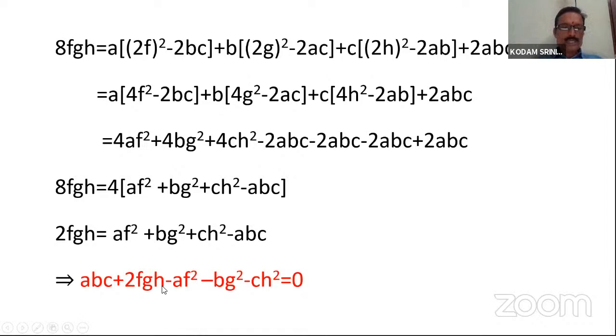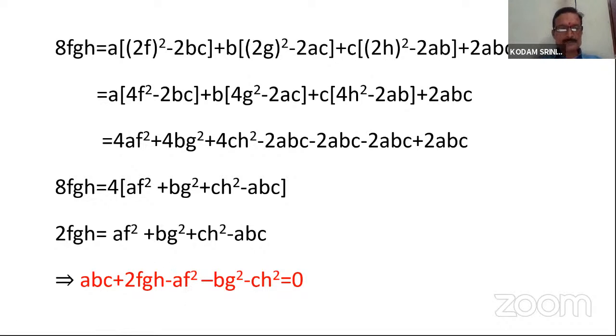That is 2FGH minus, and here we have to write these three terms. The first term A is there, the first term F is there, that's why we write AF square. Next minus BG square minus CH square, like that. We will remember it like this. In this manner, it will be very easy.